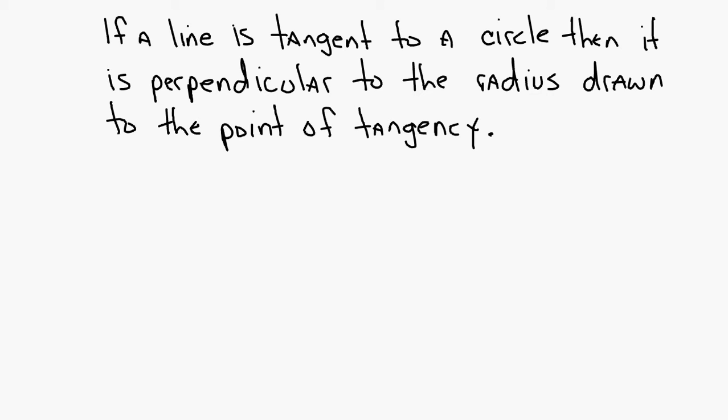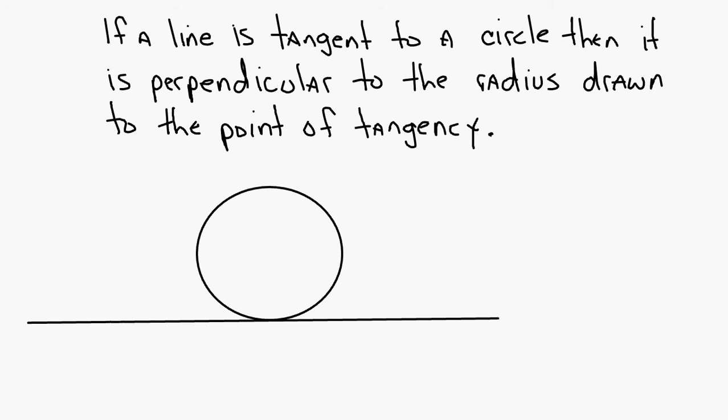So if you get a circle on your paper, and that circle has a tangent, if I take a line and make it tangent to a circle, that means it's going to intersect the circle at exactly one point. Right here, P, point of tangency.